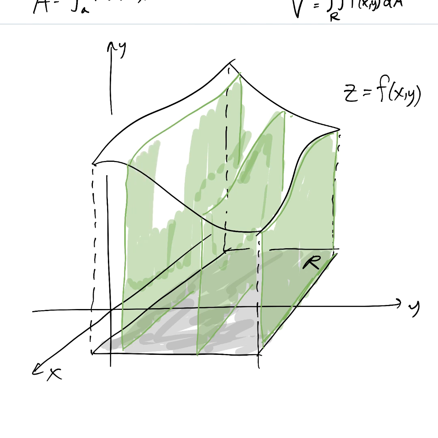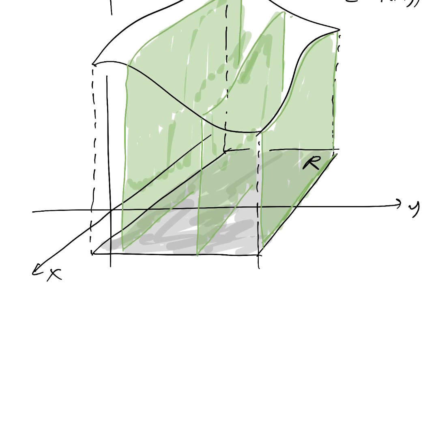Now, each of those areas we could compute with a good old-fashioned integral. And then we could add up all of those areas as if they were laminated together left to right. And that would give us the total volume, as if you glued together all those little thin slices. That would give you the total volume underneath.